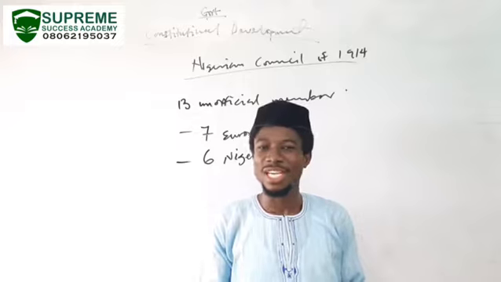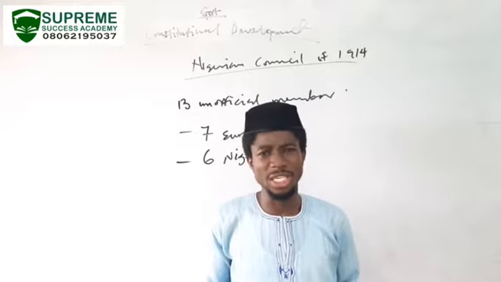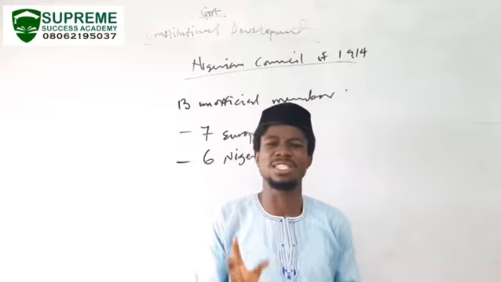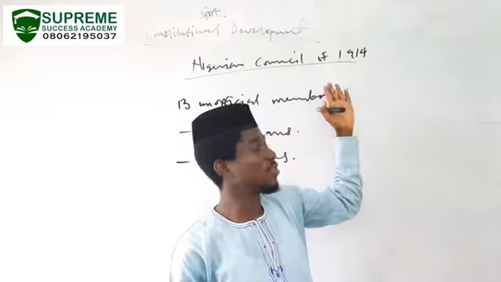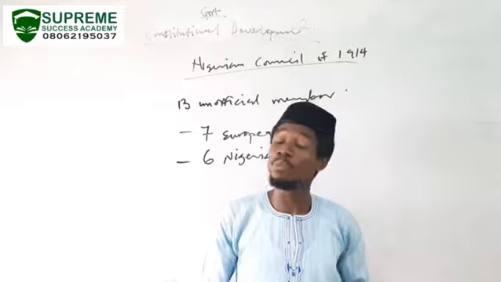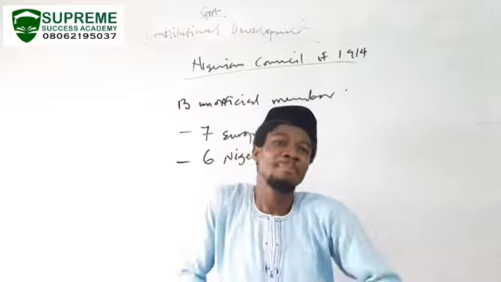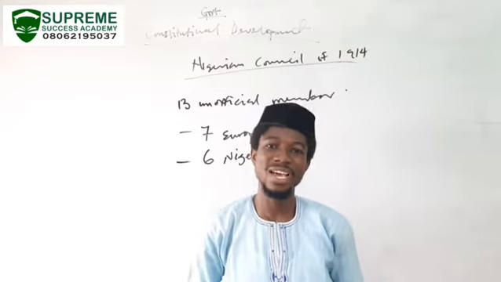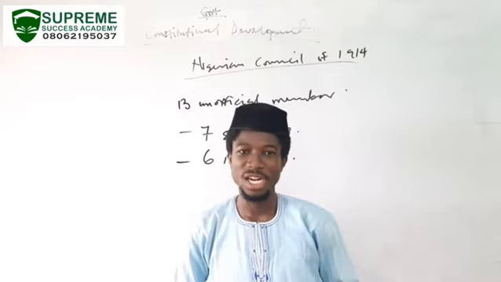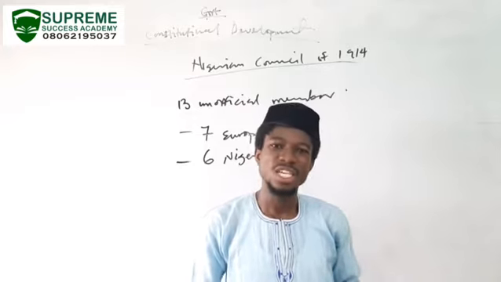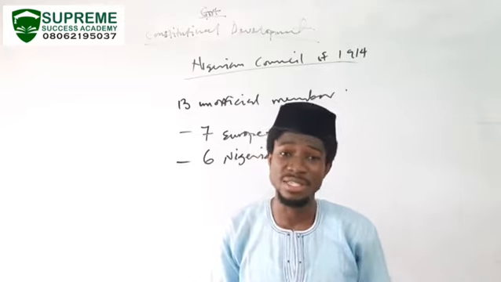So by implication, these people were uneducated and they had limited participation in the activities of the Nigerian Council. Majorly, they were just like a figurehead or a participant in the affairs of the Nigerian Council. They were not really active or impactful because they do not have much idea about what is happening.